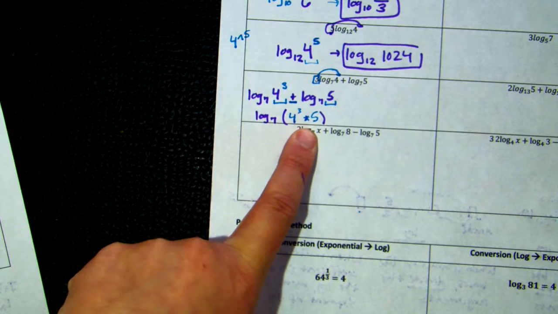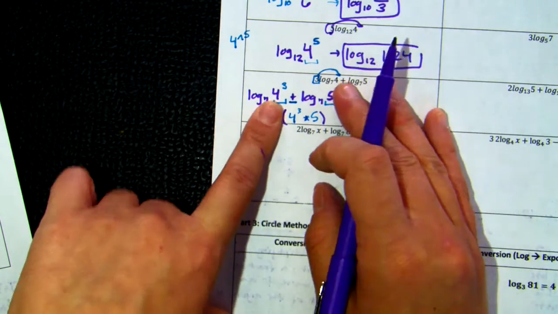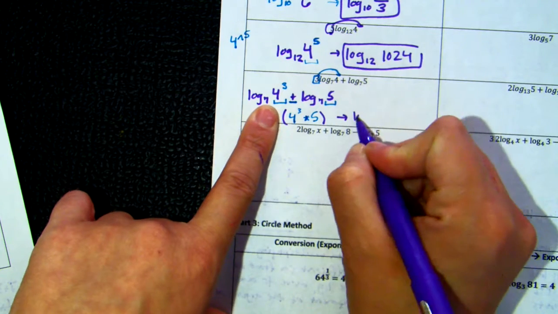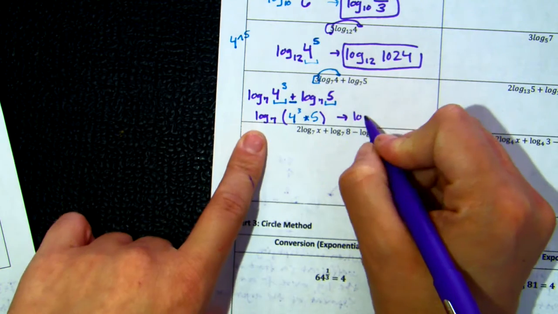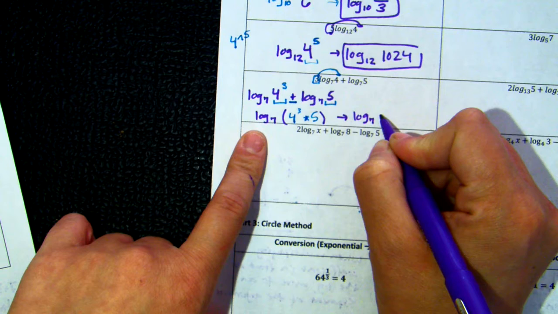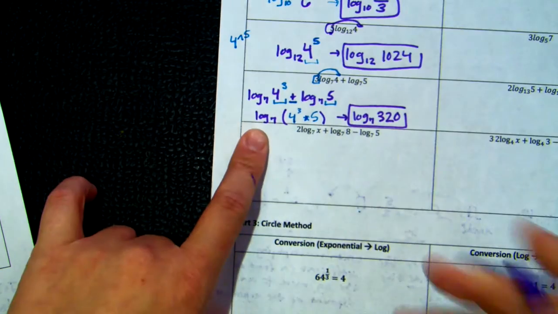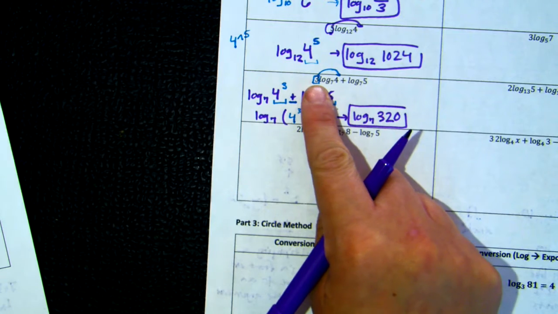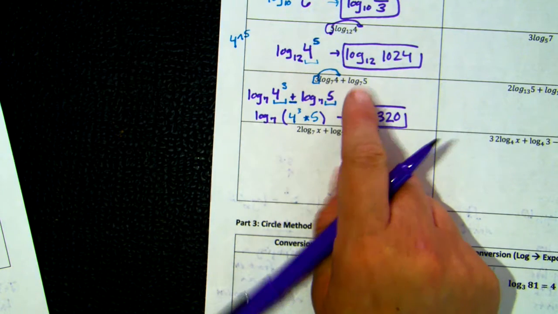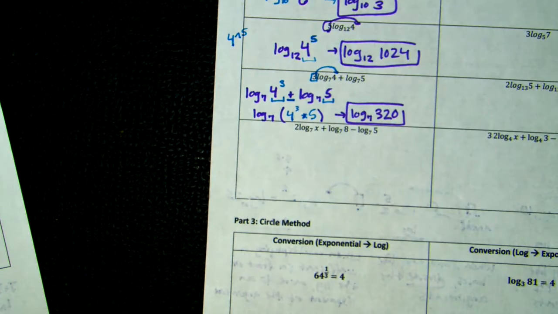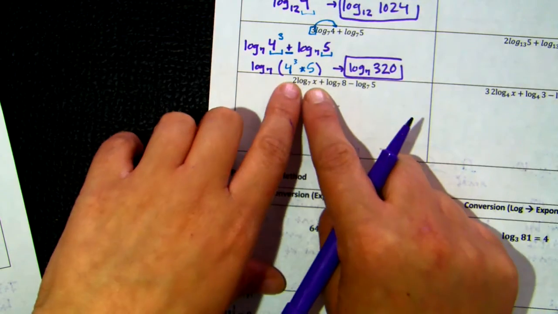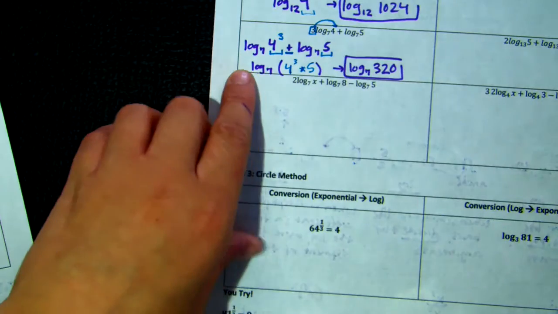And if I pop that into my calculator, just the argument, ignoring the log, if I pop 4 to the third times 5 into my calculator, I should end up with 320. So when you have multiple logarithm rules, I always start from the left and work right, making sure I'm working through order of operations. Okay, here's another one where we see quite a few things going on here.